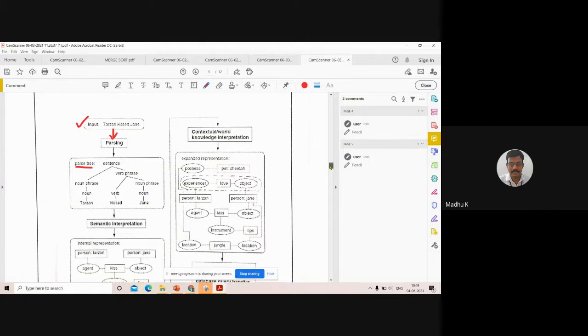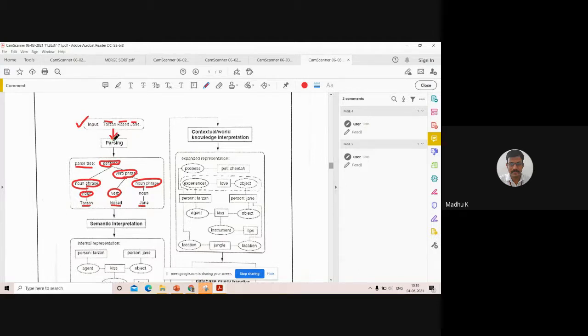The nodes will be, for example, sentence, noun phrase, noun, verb, verbal phrase. These are the internal nodes, and the leaf nodes are Tarzan, kissed, Jane. These are the tokens involved in the sentence. There are three tokens.